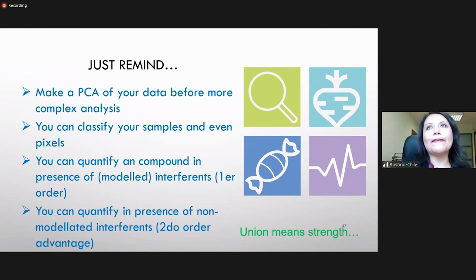So I think it's better to use not just one variable, but a lot of variables, because the results are improved. So I want to finish my presentation. So I recommend multivariate analysis for your data.